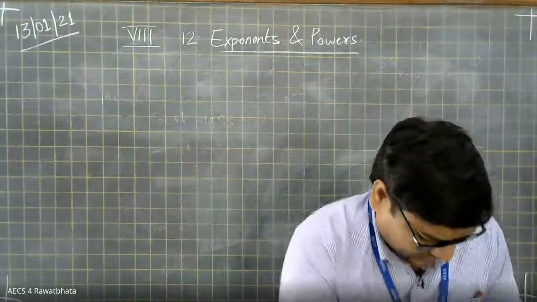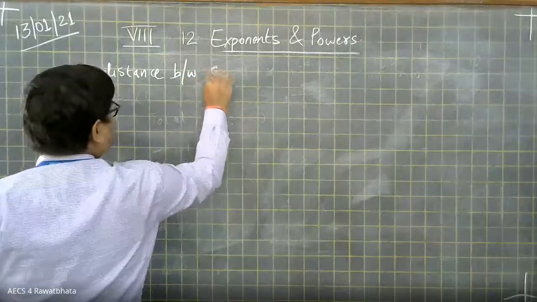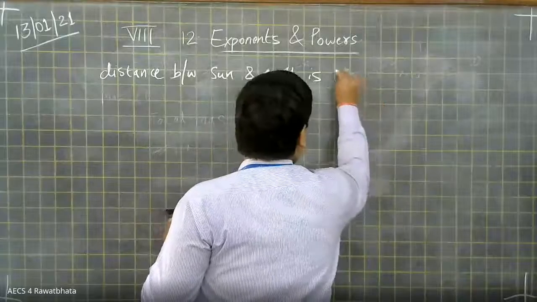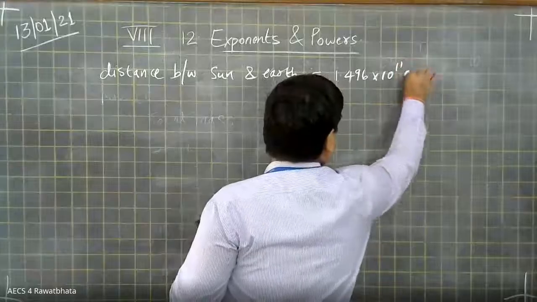Okay. The distance between sun and earth is 1.496 into 10 to the power 11 meters.